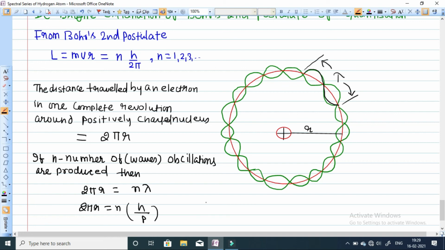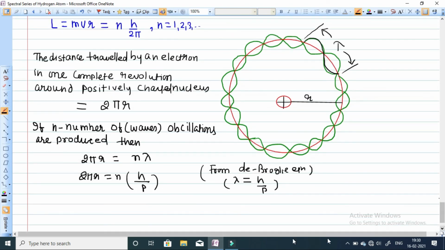From the de Broglie equation, we know a moving matter is associated with a wave known as matter wave, or de Broglie wave. I have replaced lambda by h by p, and p is known as linear momentum.